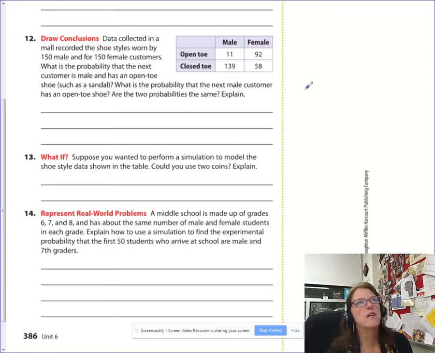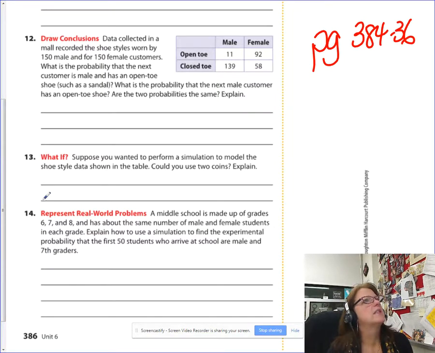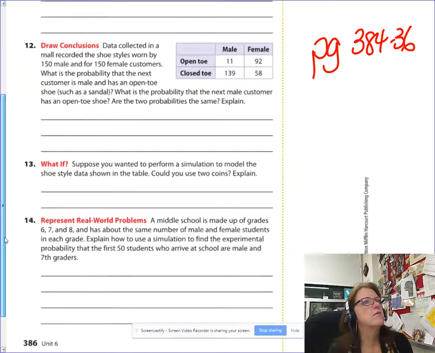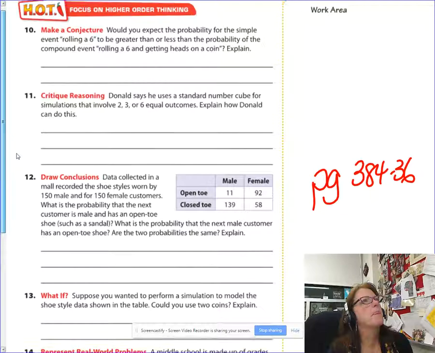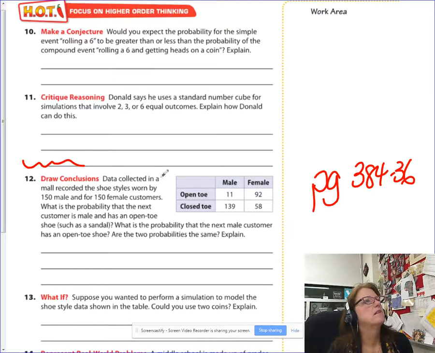So page 384 to page 386. And let's do this. Let's have you go 1 through 11. Okay? So we'll probably talk about the rest of these in class and what they're asking you to discern there. All right? So this much in the textbook.